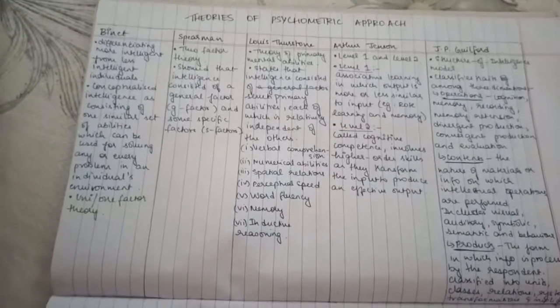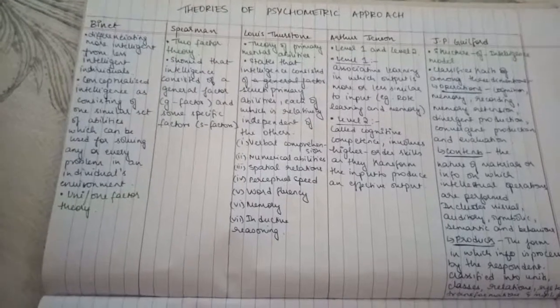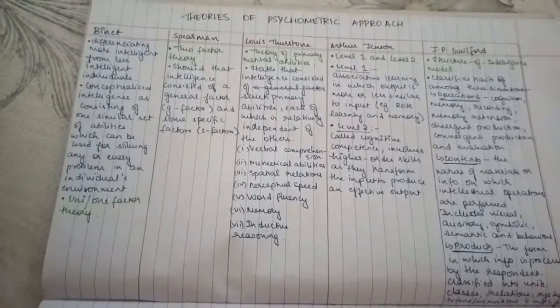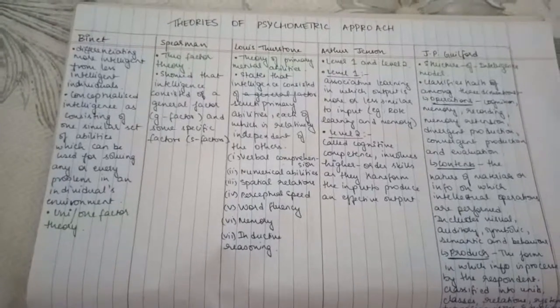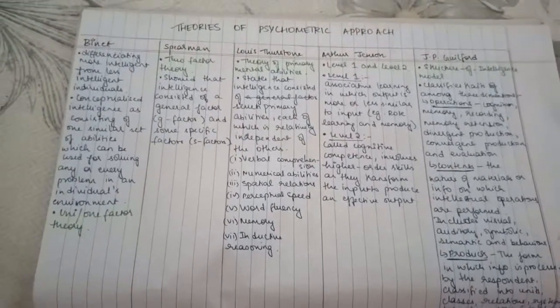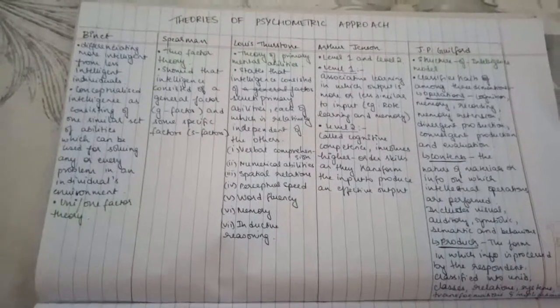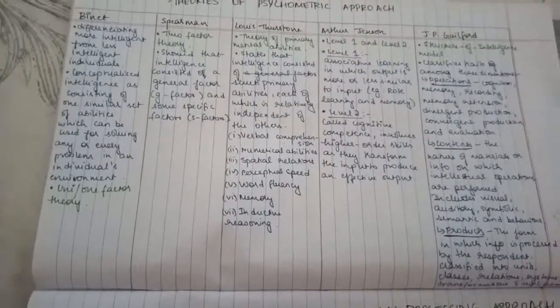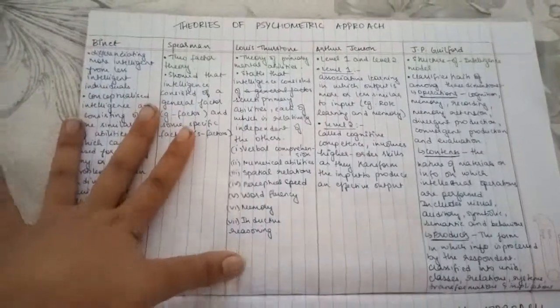Visual, seeing; auditory is listening; symbolic is using symbols. Then semantic and behavioral. Semantic is how you understand words, and then the behavioral aspects. Now, products, the form in which information is processed by the respondent, classified into units: classes, relations, systems, transformation, and implications. It's given in the textbook. Do read it, it's very interesting.